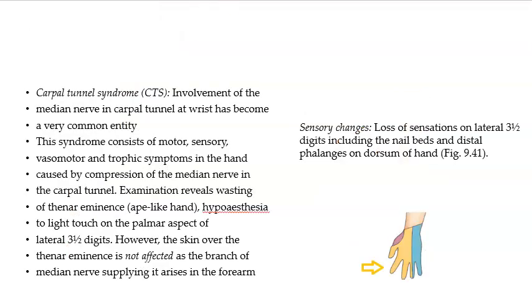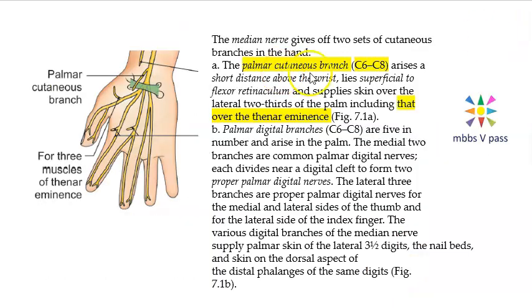So if there is compression of the median nerve because of the flexor retinaculum, then you have carpal tunnel syndrome, where you will have problems with these three fingers, sensory loss, and a lot of other motor loss also can be there. Then there can be wasting of the thenar eminence, ape-like hand, etc. But I think this is not what they are focusing on. So what will you say in the answer? Palmar cutaneous branch C6 to C8, superficial to the flexor retinaculum, supplies the skin over the thenar eminence.